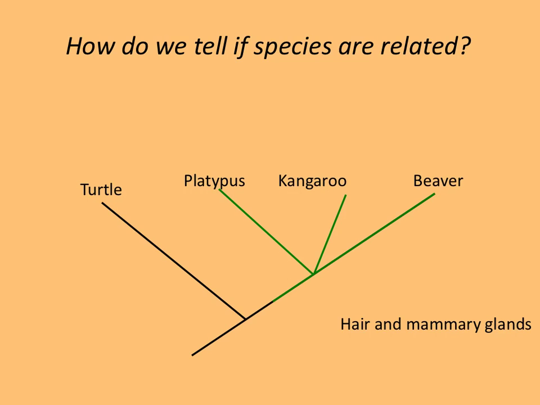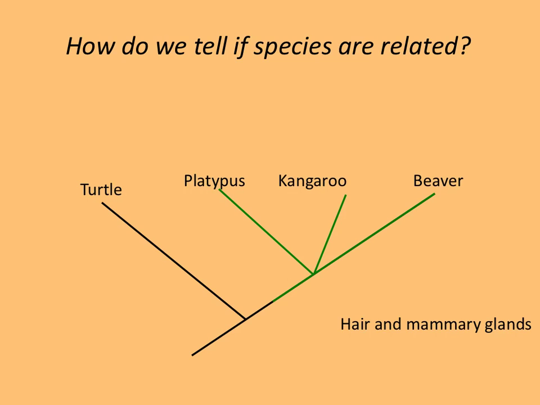Only the platypus, kangaroo, and beaver have hair and mammary glands. The turtle does not. So even though they all share backbones in a vertebral column, there's a new feature here that's evolved in mammals.